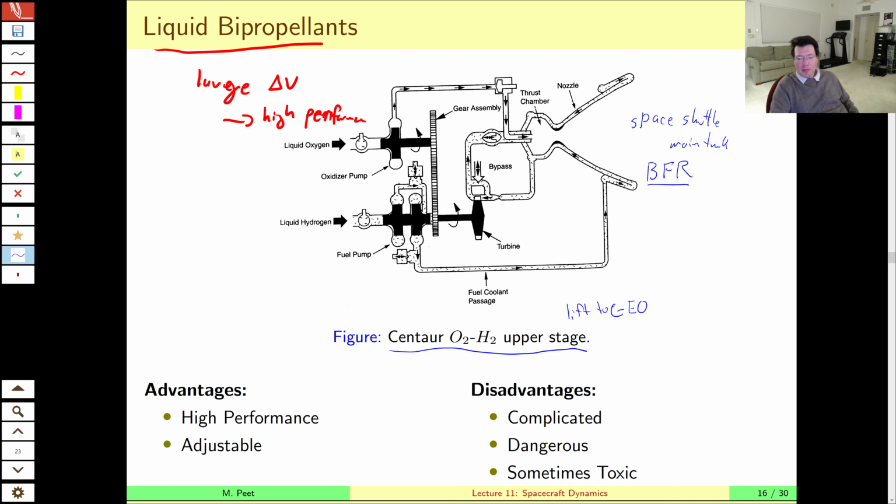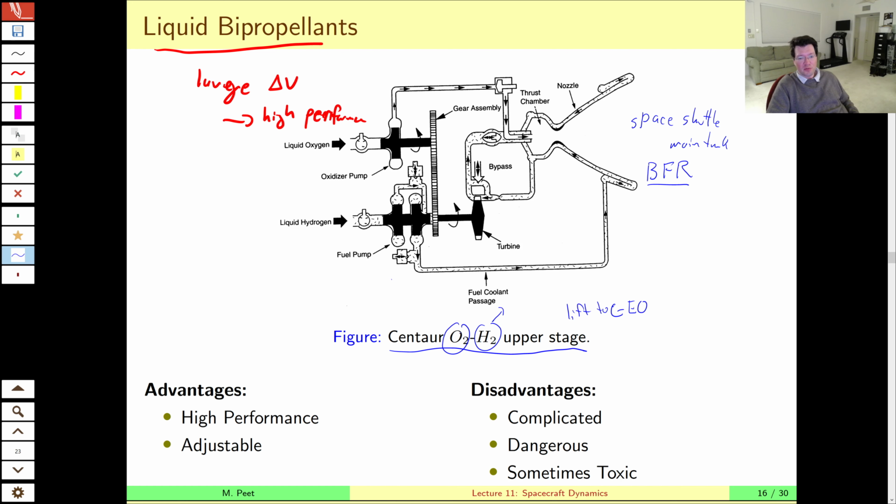Right, so how do liquid bipropellants work? Let's see, where's my cursor there? It's hard to see this one. So liquid bipropellants, of course, work by combining lighter molecules, hydrogen and oxygen. They combine them, they burn essentially.